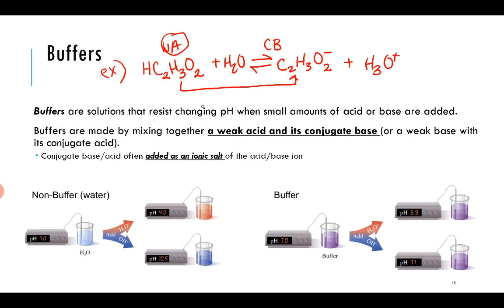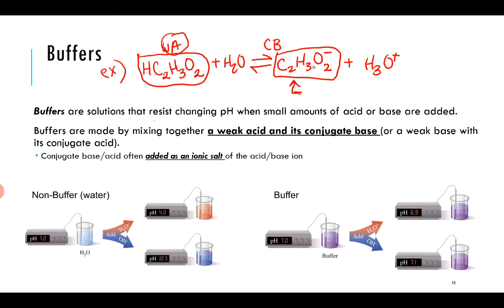And so when we talk about mixing together a weak acid and its conjugate base, what we're really saying is that we need to increase the concentration of the conjugate base by quite a lot, because normally a weak acid in solution has a very small amount of this conjugate base, and it's mostly the intact weak acid.